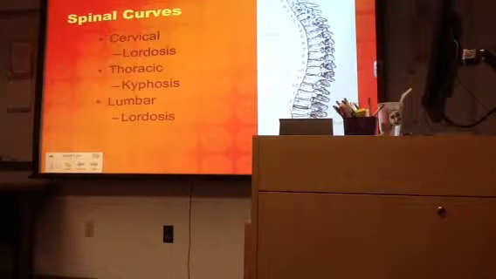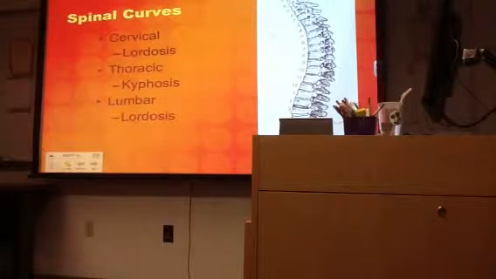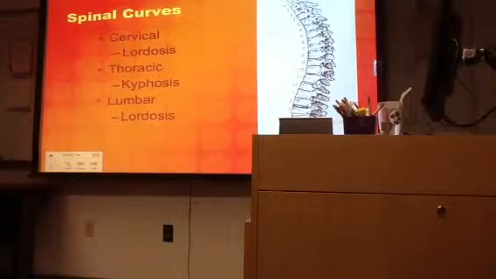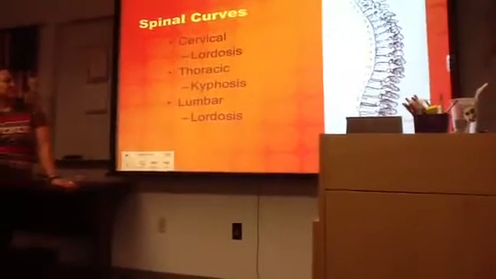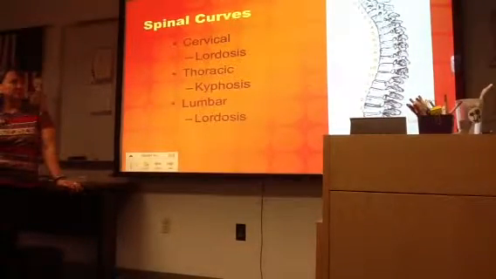Then the lumbar is in a little bit of lordosis. And then the sacrum into the coccyx is a little more kyphosis again. We don't usually talk a lot about this curve. We talk a lot about the neck, the thorax, and the lumbar. Okay? So cervical and lumbar are both called lordosis, and the thoracic is called kyphosis.